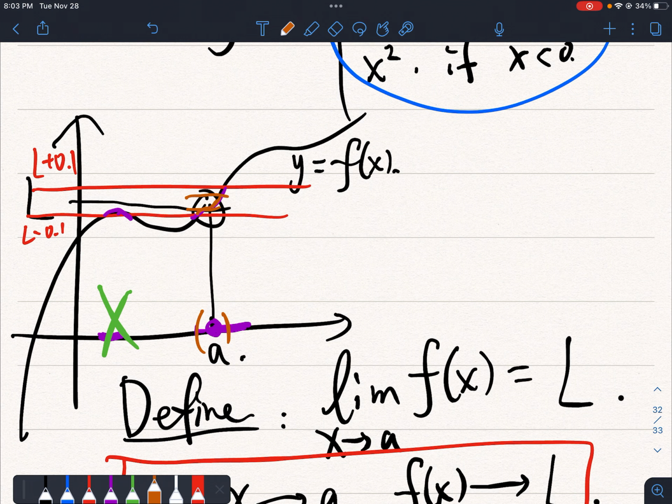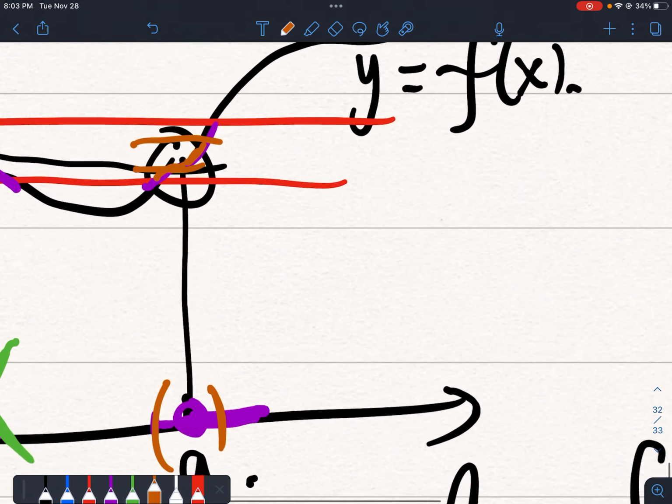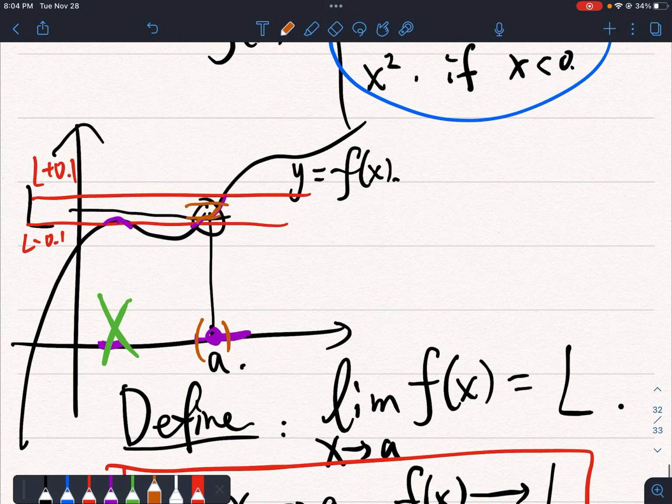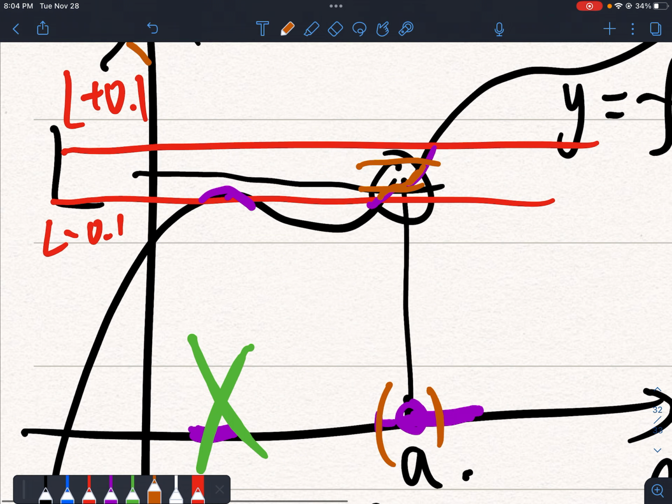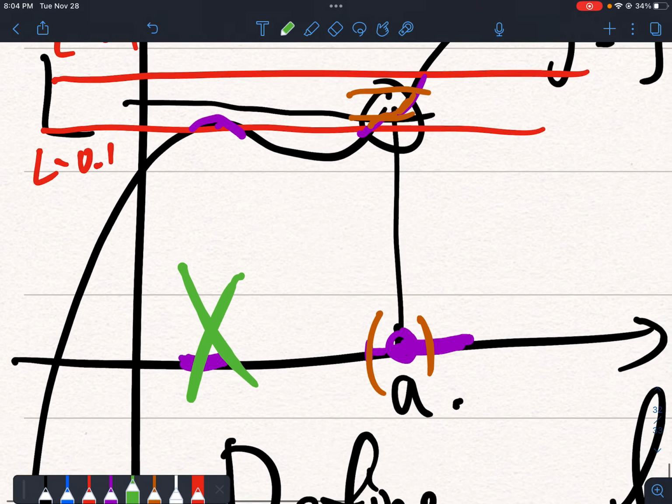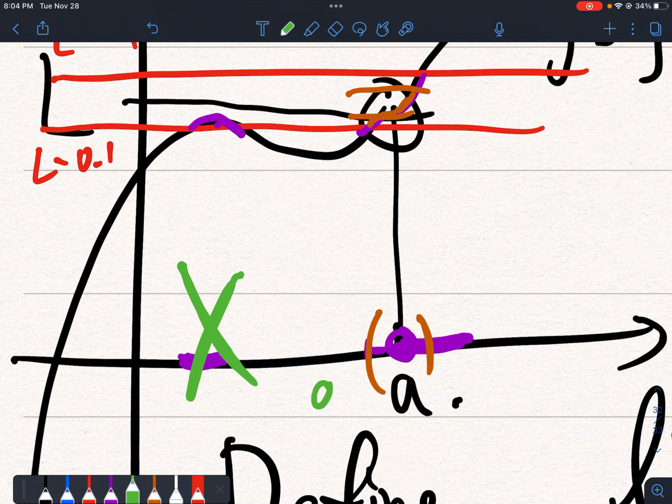So this is actually the definition. It is a correct definition of a limit, at least for 0.1. Okay, so if we want this f of x to approach L when x approaches A, then at least for this 0.1, we have to find some, let's call it delta, some delta bigger than 0, such that for all the values x close enough to A, how close?